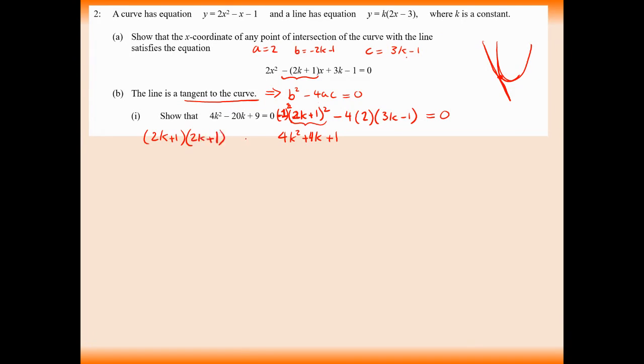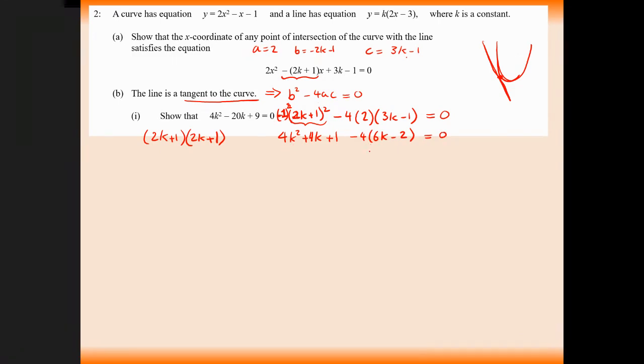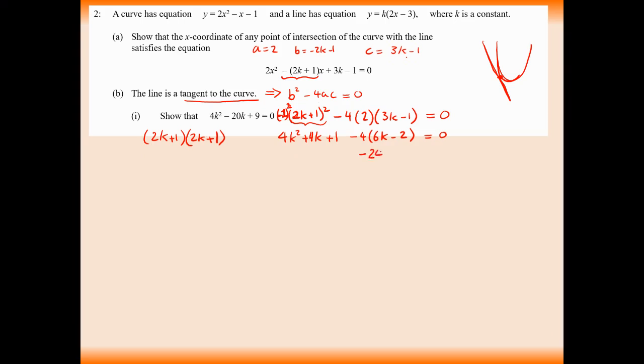You get this expression here at the beginning. And then multiplying, let's just leave minus 4 alone. I'm just going to multiply 2 into that bracket so I don't confuse myself with too many numbers at once. So now I am going to multiply 4 into this bracket, so I'll get negative 24k plus 8, because otherwise I would have made a sign error.